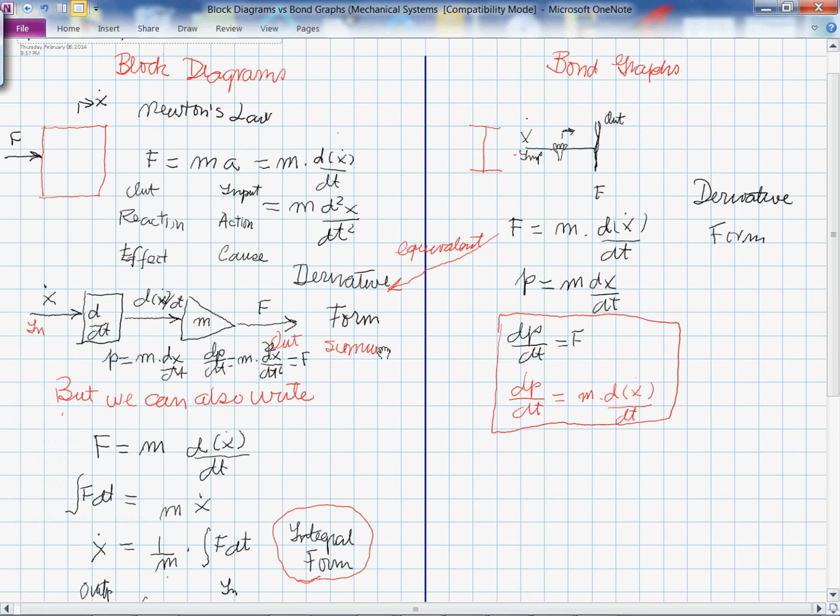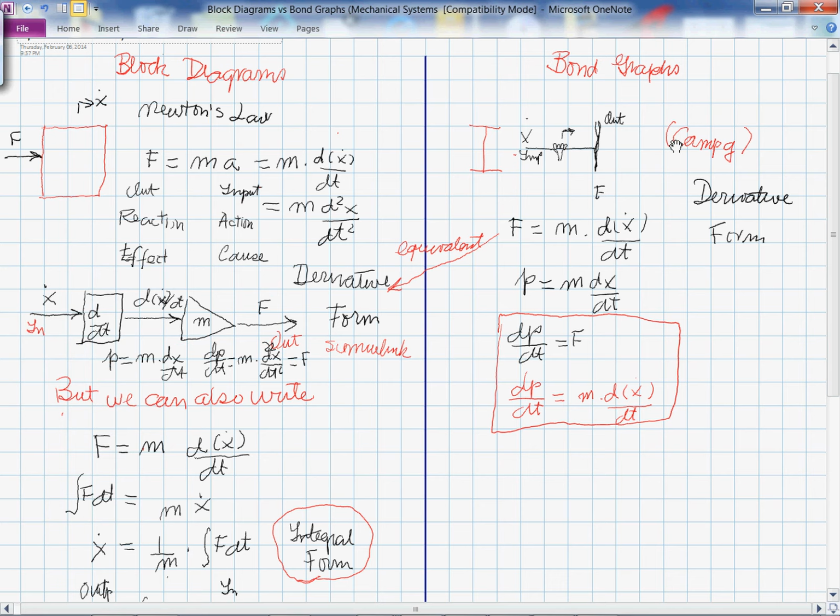And the one on this right hand side, the symbol as you see here, would be understood by the other software, which is called CAMP-G, which stands for Computer Aided Modeling Program with Graphical Interface.